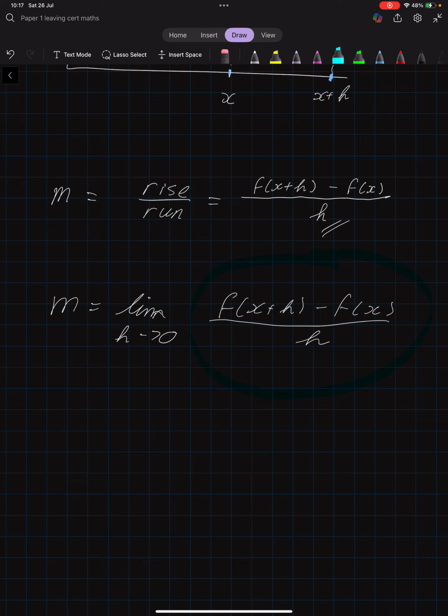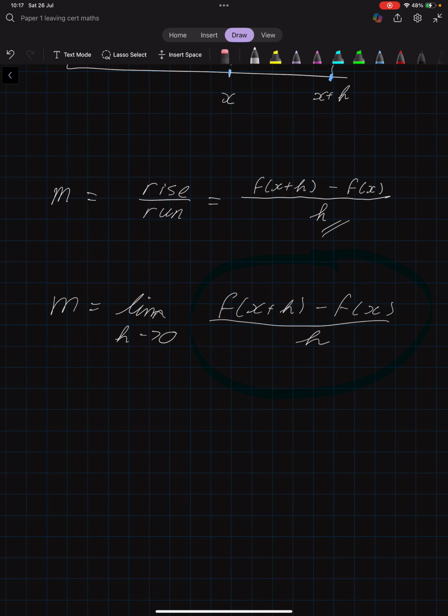You would eventually approach a certain value. Okay? So you're saying that if h is absolutely tiny, what number do I end up with? Now, I'll do a couple of examples in a second, but this is what it is, okay?